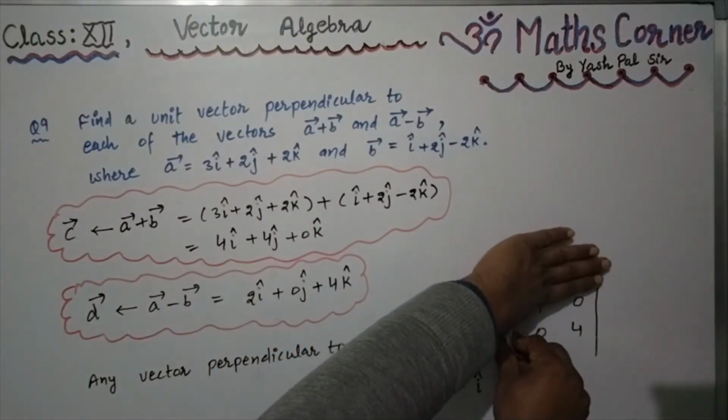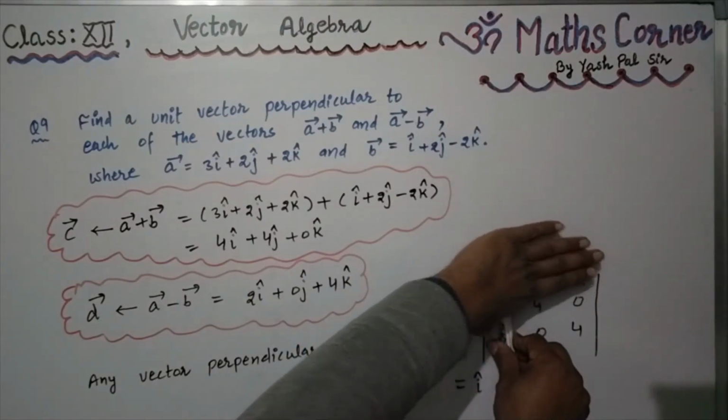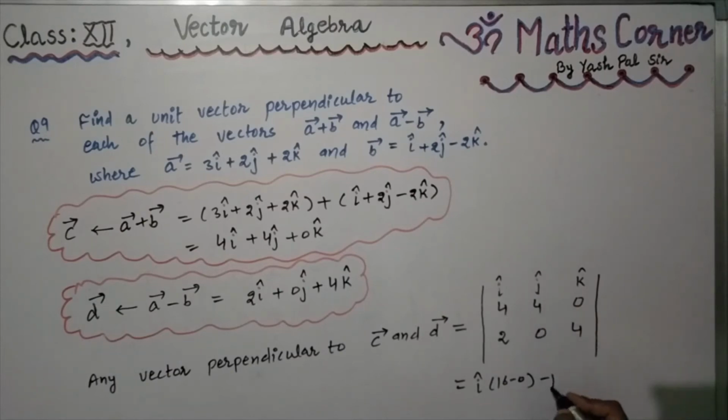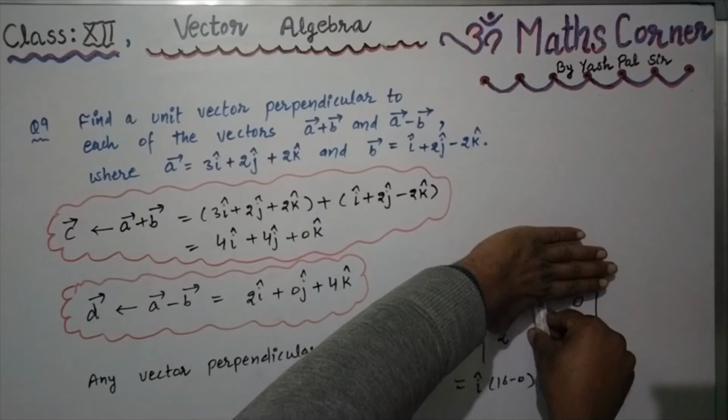Now we solve the determinant. For i, the corresponding row and column are erased, so 4 into 4, 16, minus 0.